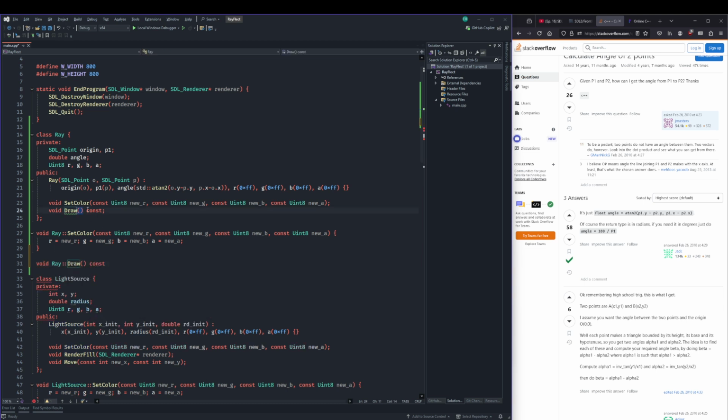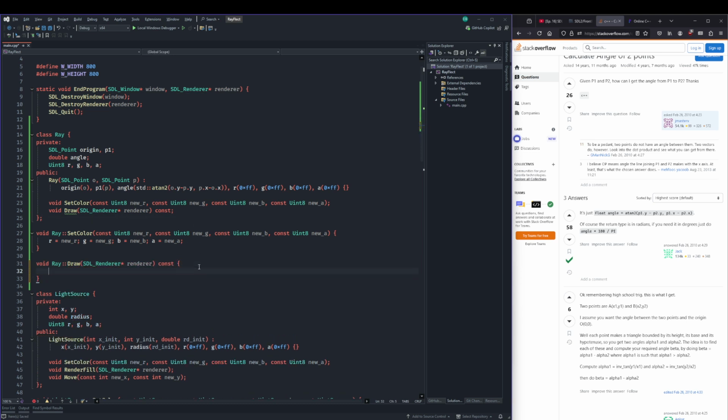Right, so I forgot something here. We should give it the renderer as a parameter here, SDL renderer. Okay, cool. Nice. Let's stop here for now.